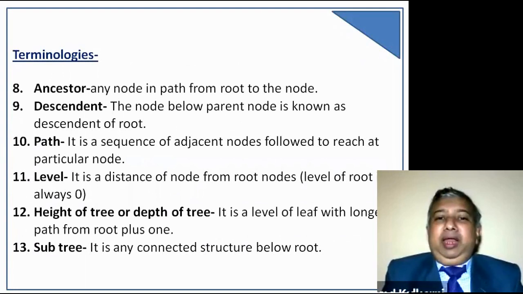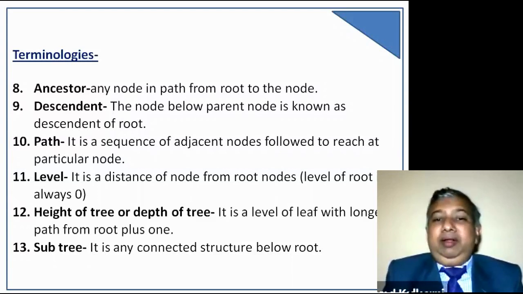Ancestor, any node in a path from root to a node is known as an ancestor. Descendant, the node below a parent node is known as a descendant. Path, it is a sequence of adjacent nodes followed to reach a particular node.